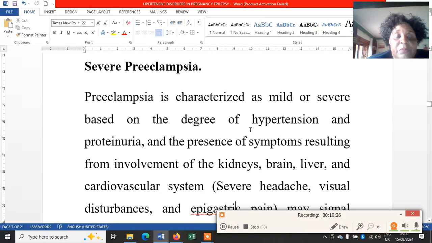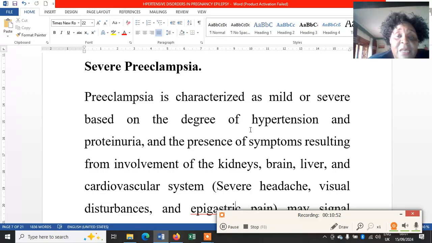So we have said that pre-eclampsia is characterized by signs of hypertensive crisis, that is BP of above 160 over 110. But then there is what we call severe pre-eclampsia.